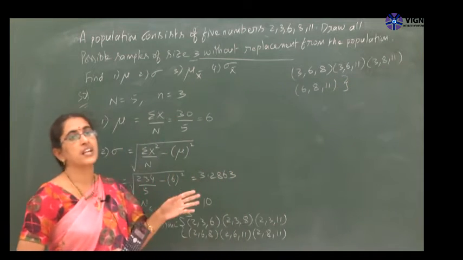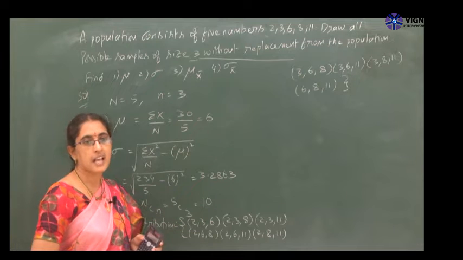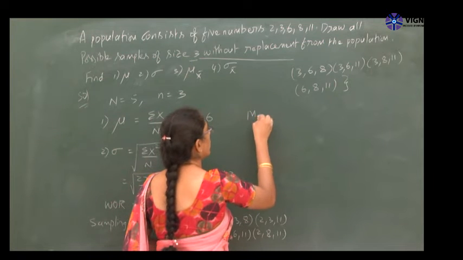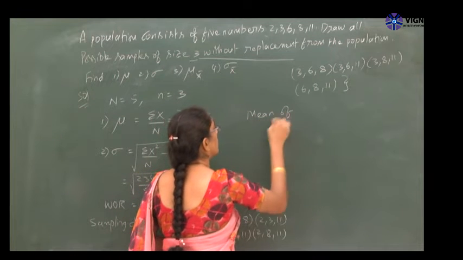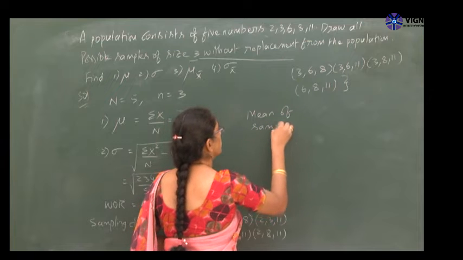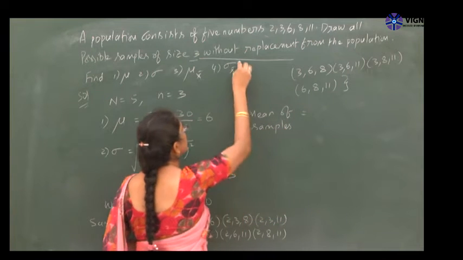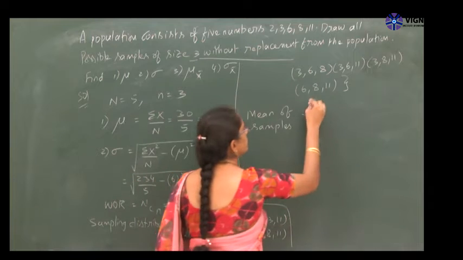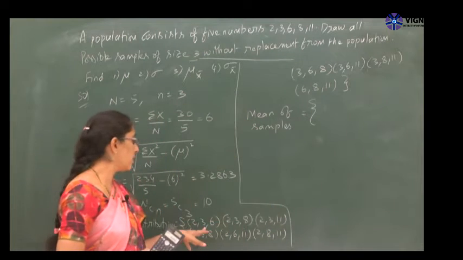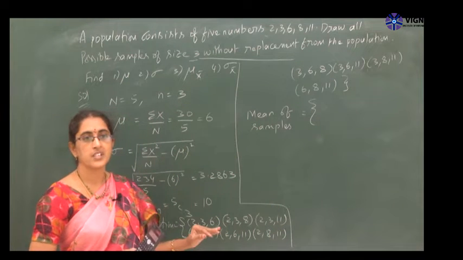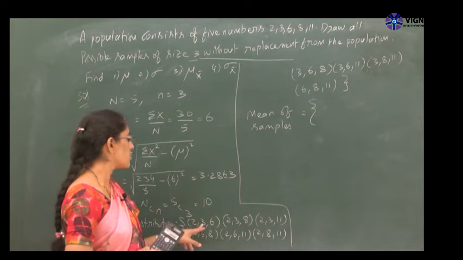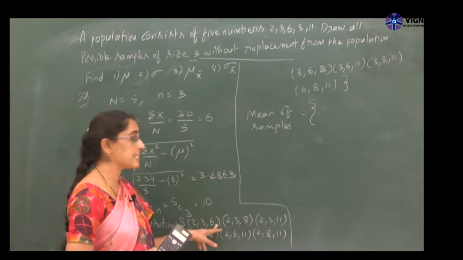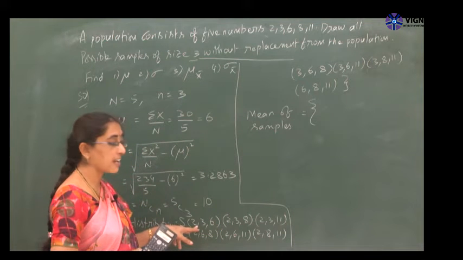Now next we have to consider the mean of these samples. Mean of the samples means sum of all observations by number of observations. So 2 plus 3 is 5, 5 plus 6 is 11. How many observations are there? 3.